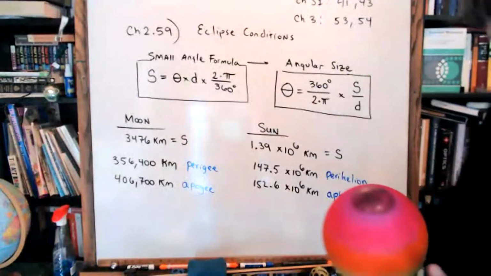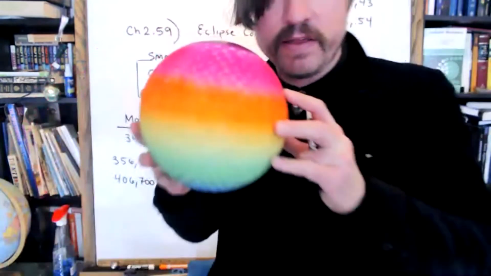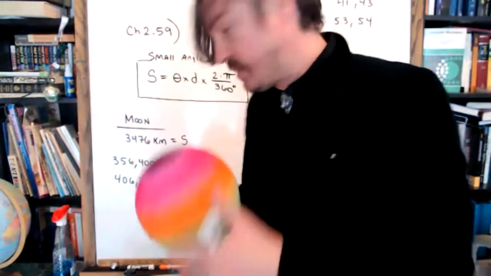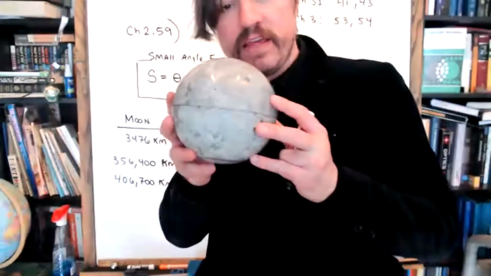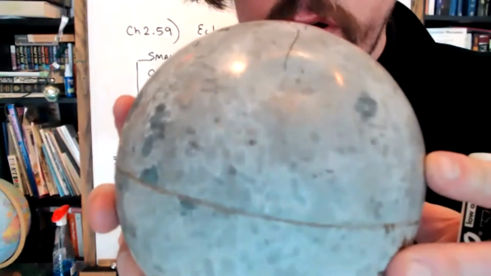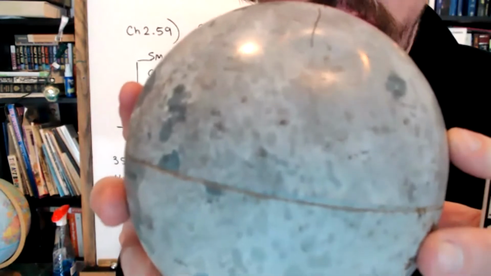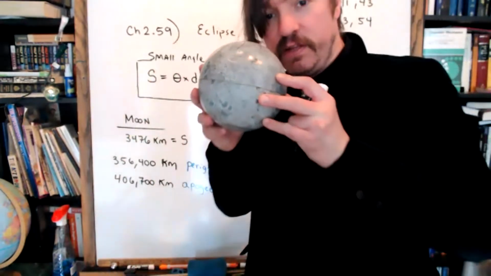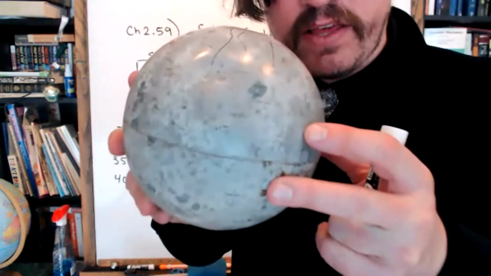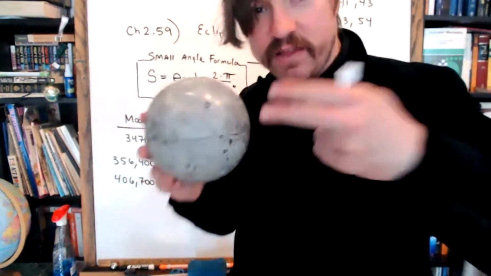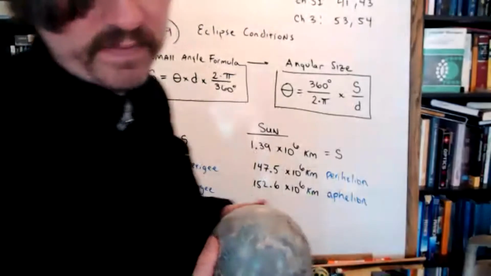Do you guys understand what's going on in this problem? What they're saying is sometimes the moon is close and sometimes the moon is far away. Let's use a moon globe. The point they're trying to make is when the moon is closer to Earth, its angular size is going to be large. If it's a little farther from Earth, its angular size is going to be smaller. We're going to calculate the changing angular size based on the distance, right?